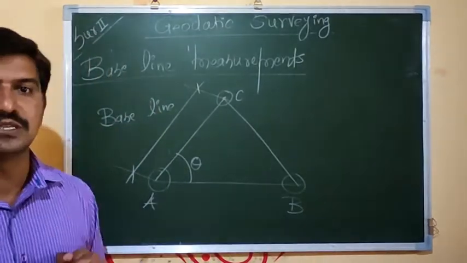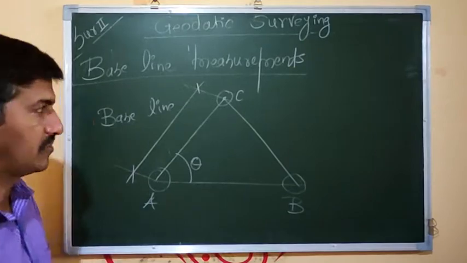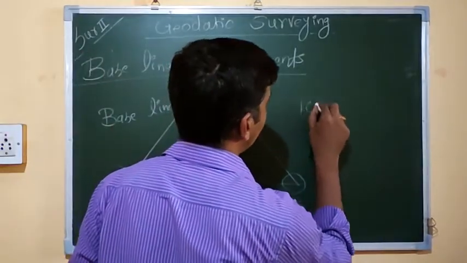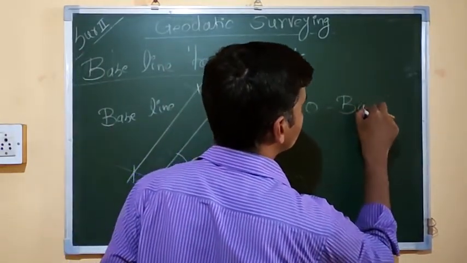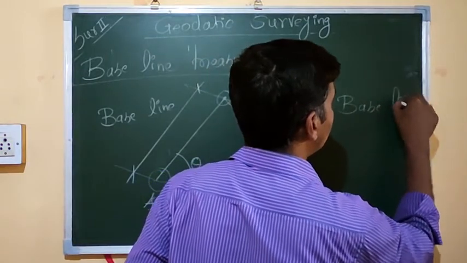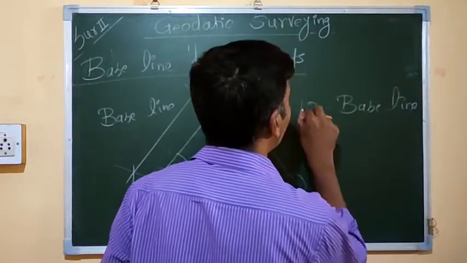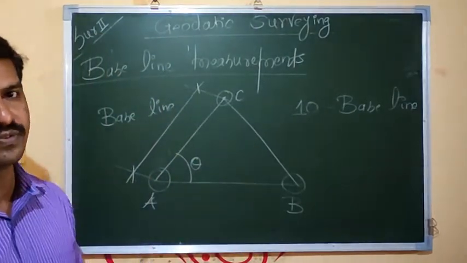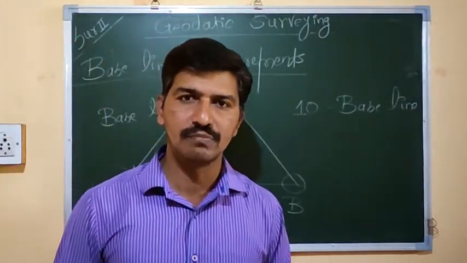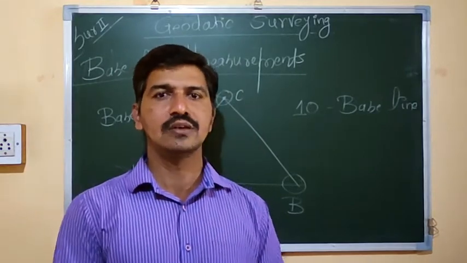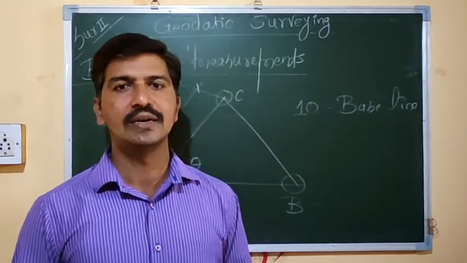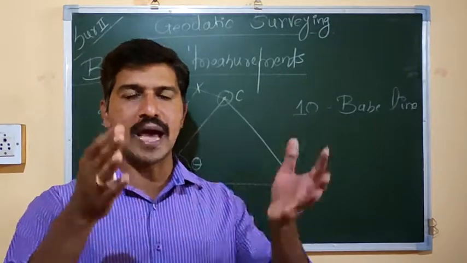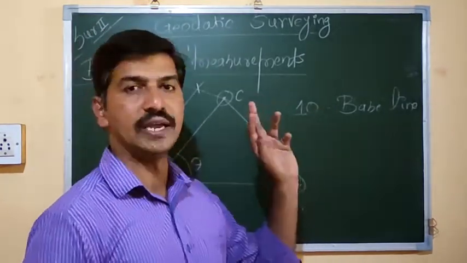Again, for baseline measurements in India, we are having 10 baselines. In 1945, as I have discussed in the lecture, the Survey Department of India did the topographic survey and prepared the topographical map of India.